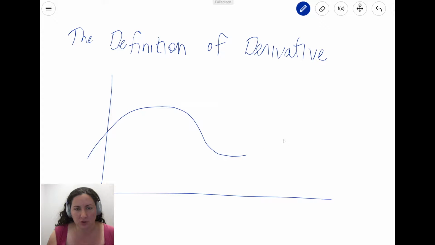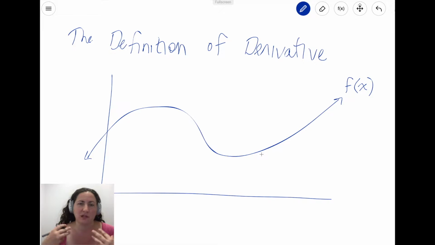So basically, if you've got a function, what are we trying to do when we calculate a derivative? We're trying to find the slope of the tangent line to our function at a certain point. So if this value here is x, what we're really interested in is finding the slope of the tangent line to this curve, the line that's tangent at the point x.